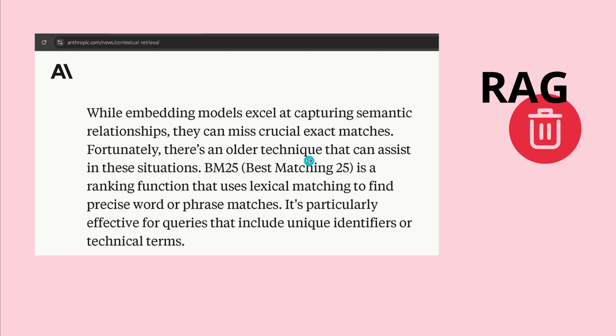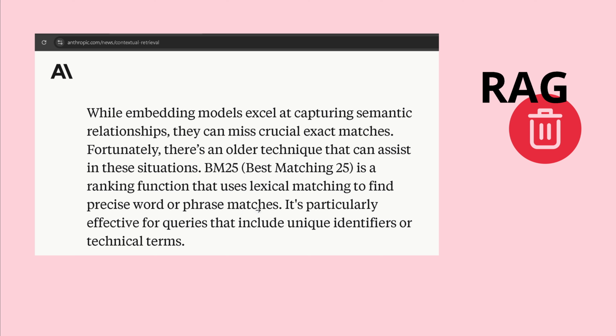There's an older technique from the Stone Age of search engines, and this is Best Match 25. BM25 is the workhorse, is perfect, and is additionally used as a ranking function that uses lexical matching to find the precise word or the precise phrase matches.